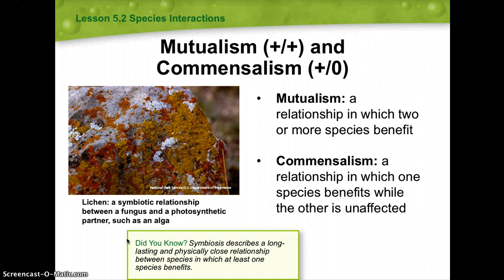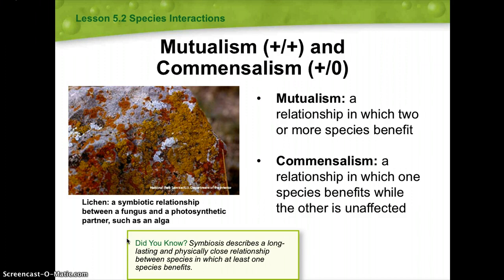For example, plant roots and fungi often form symbiotic associations called mycorrhizae. In the relationship, the plant provides energy and protection to the fungus, and the fungus in return will assist the plant with absorbing nutrients from the soil. So that would be a mutualistic type of relationship.